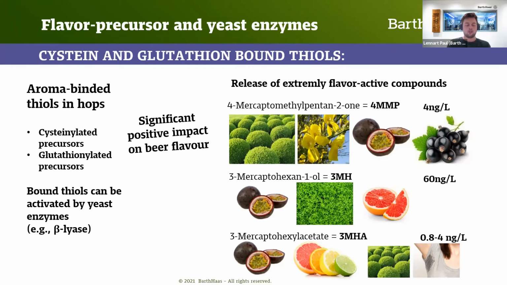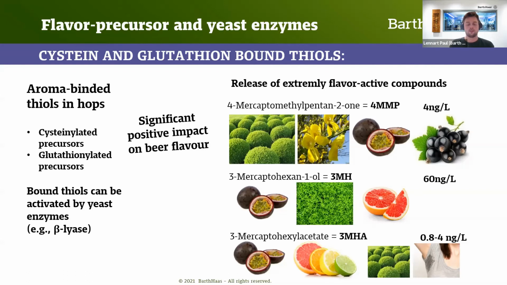These precursors are not only found in hops, but also in the malt and barley, though definitely more in the hops. Because you're probably adding them during fermentation, the access is higher compared to if they're stuck in the mashing process. Interestingly, 99% of the 3MH is found as a precursor.